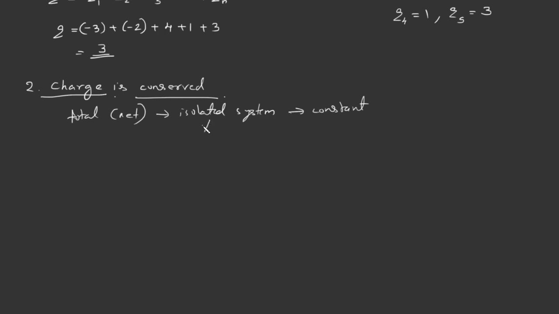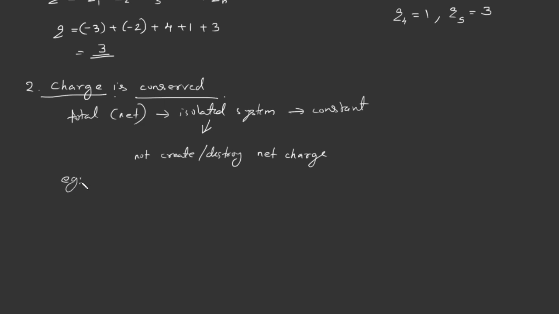So, in an isolated system, we cannot create or destroy net charge. Remember, we can create or destroy charge of a particle, but as a system the net charge always remains the same.